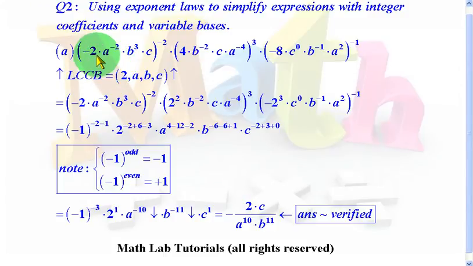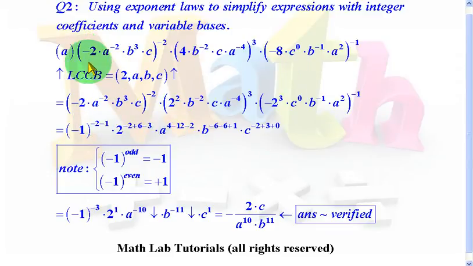But if you look at 2, 4, and 8, the lowest common base is 2. And then, of course, you've got the variables A, B, and C everywhere. So you declare those to be the lowest common bases, 2, A, B, and C. Okay, so the first thing I do is rewrite 2, 4, and 8 all in terms of base 2.